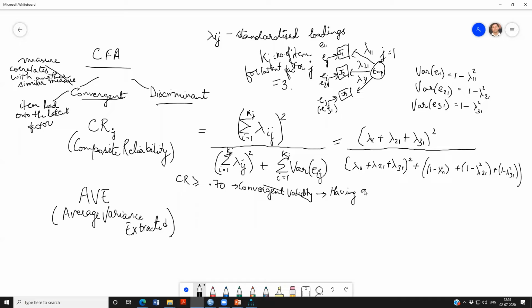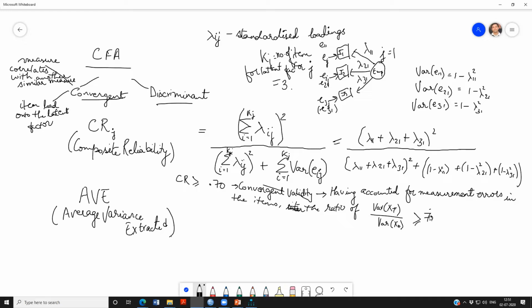Having accounted for measurement errors in the items, the ratio of true variance, that is variance of x true, to variance of x observed, is greater than 70%.